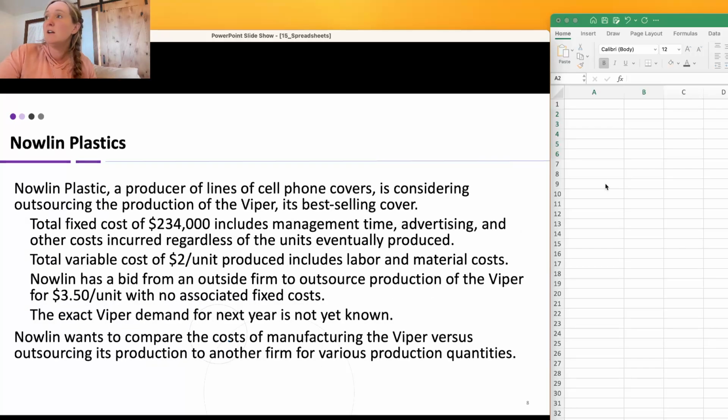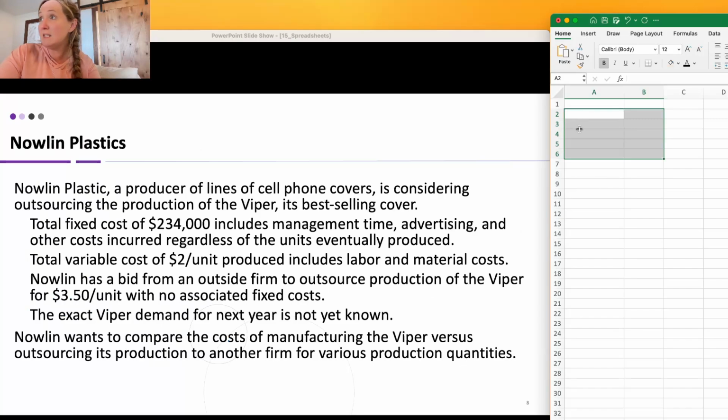The one I use here, they are talking about this plastic company where they have some parameters. We have our fixed cost, which they say for this business is $234,000. And they have a variable cost per unit. So a variable cost for each unit that they make in-house is going to cost them $2.